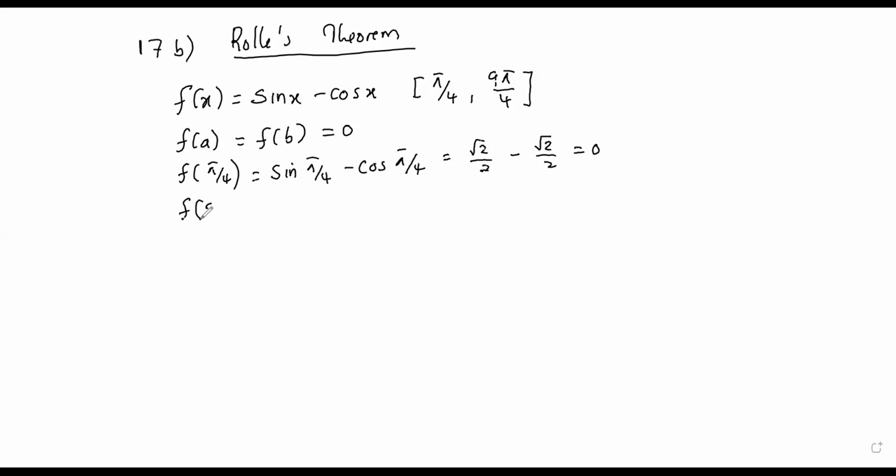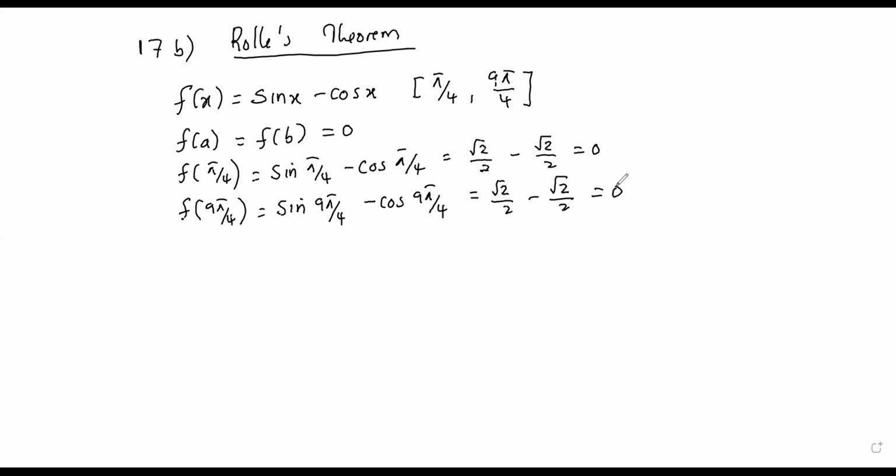F of 9 pi over 4 will get sine 9 pi over 4 minus cos 9 pi over 4, also giving us root 2 over 2 minus root 2 over 2 equal to 0.